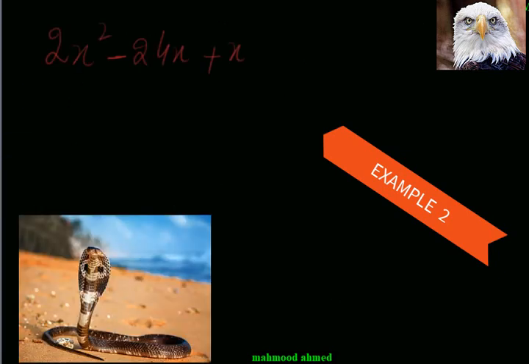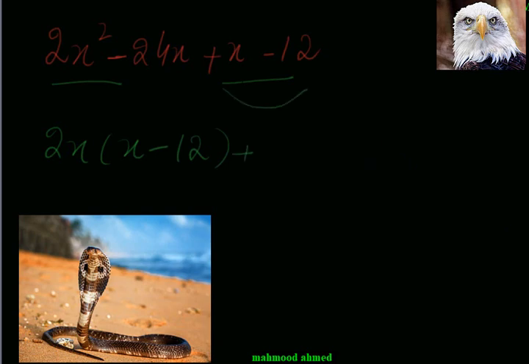plus x and minus 12, and in the same way I will take the common from the first half and from the second half. From the first half you see 2x is common, so the leftover would be x minus 12 plus, there is nothing common so I will write 1, and you see x minus 12.